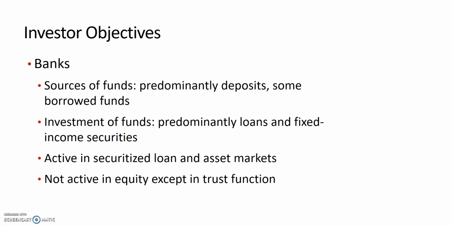The investment of the funds is going to be found predominantly in loans and fixed income securities, whereas the active and securitized loans and asset markets are going to be particular to the bank, whereas this isn't necessarily found when dealing with the individual investor. It is also important to note that banks are not active in equity except in a trust function, so this helps to isolate them from those types of risks that are taken on.